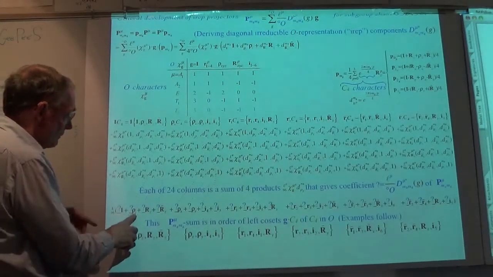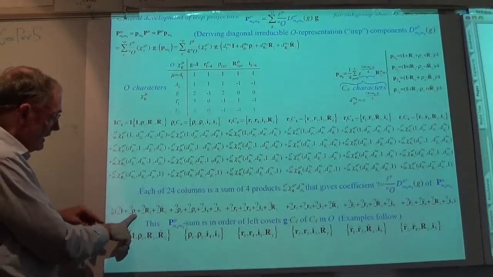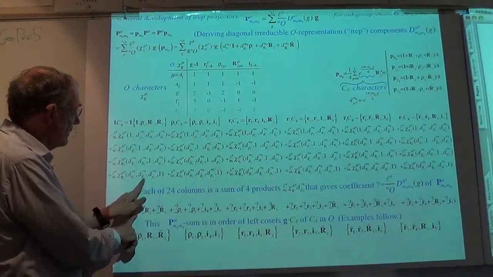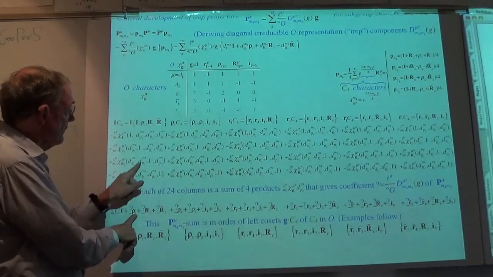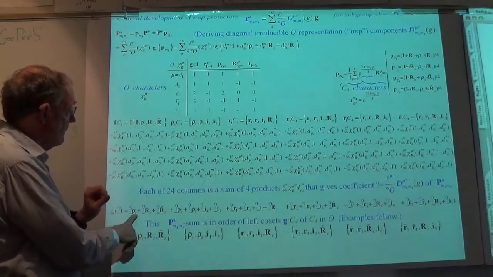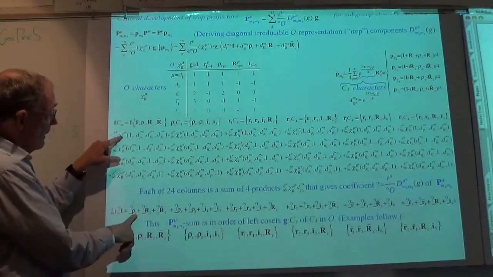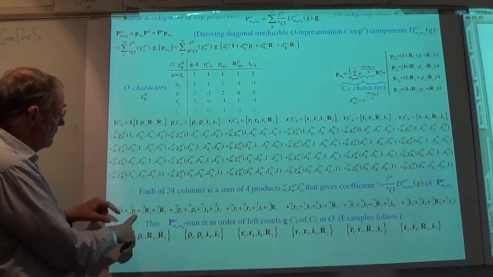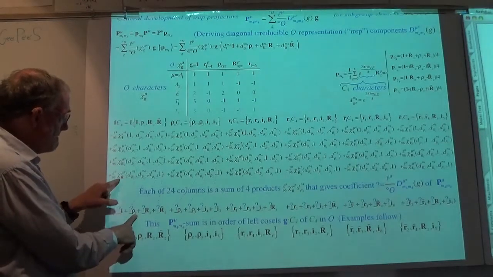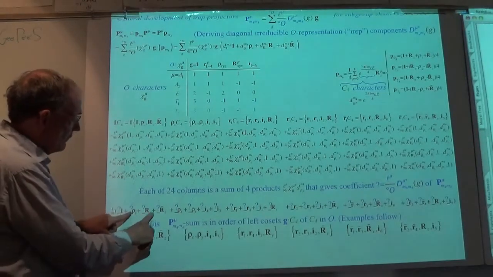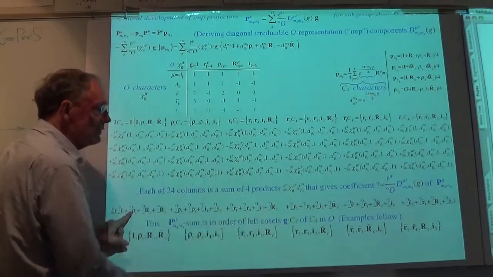Then the next one, rho z, remember, okay? It's consisting of a sum of this number, this number, this number, this number, well, times the character of the particular element in question, okay? And then so forth. All these question marks have to be filled up.